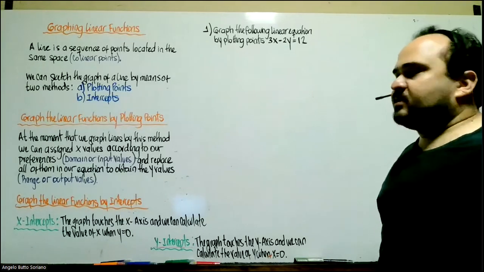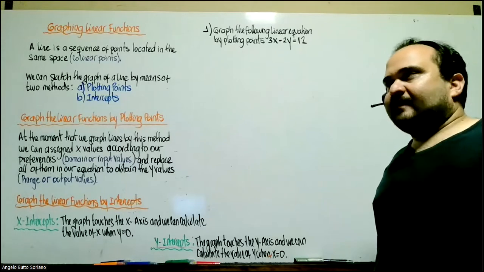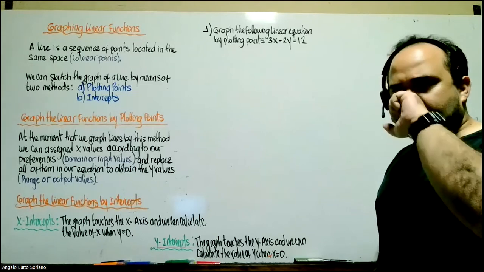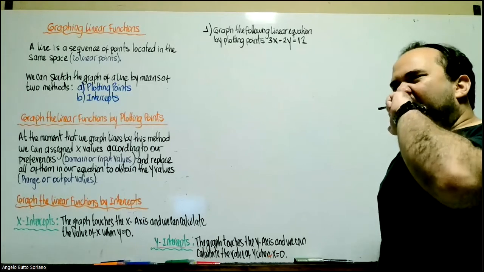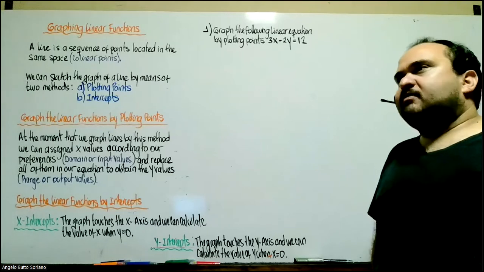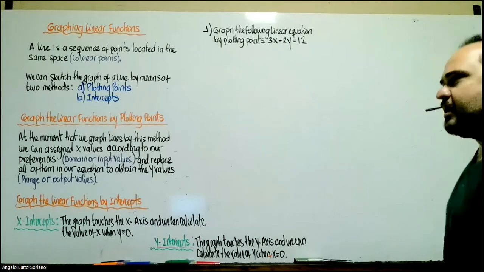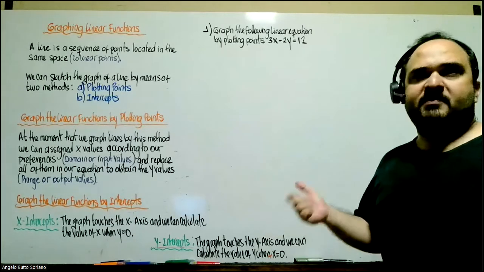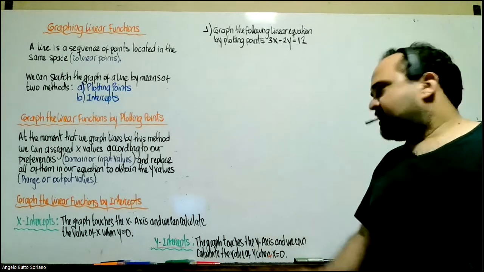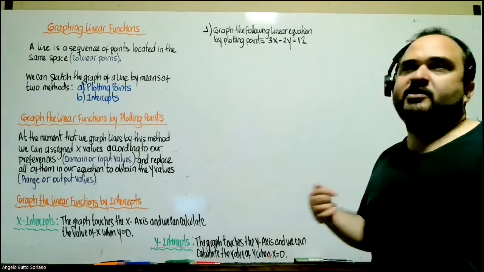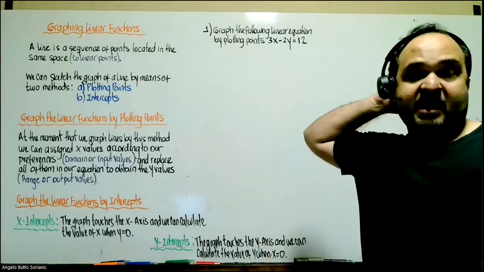To calculate the x-intercept, that means the graph touches the x-axis. At the moment we calculate the value of x, the y value must be replaced by 0. Now the y-intercept is the opposite. In this case, the graph touches the y-axis.